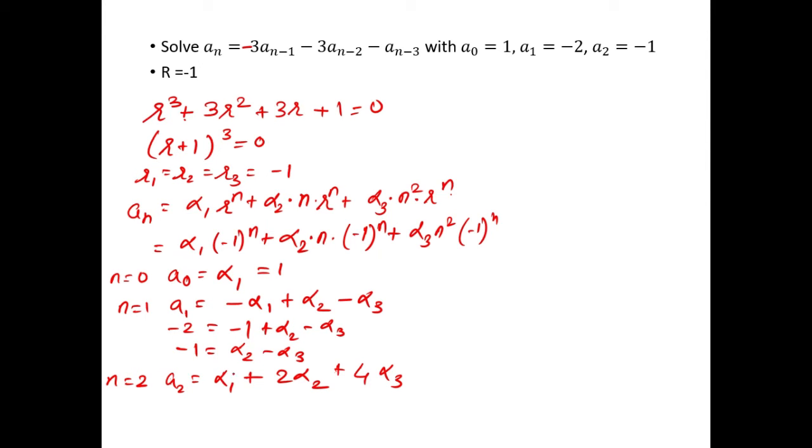Alpha 1 is equal to 1 and a2 is minus 1. So this becomes minus 2 is equal to 2 alpha 2 plus 4 alpha 3.